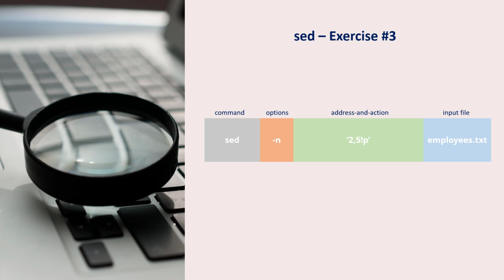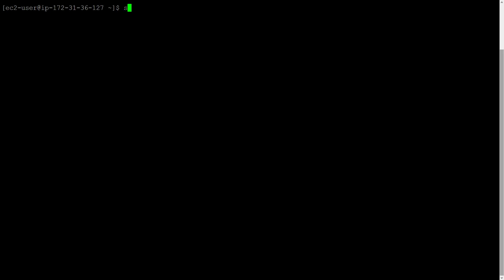Let's try it out. So sed -n '2,5!p' employees.txt. So as expected, only line 1 and line 6 got selected. Lines 2 through 5 got excluded.